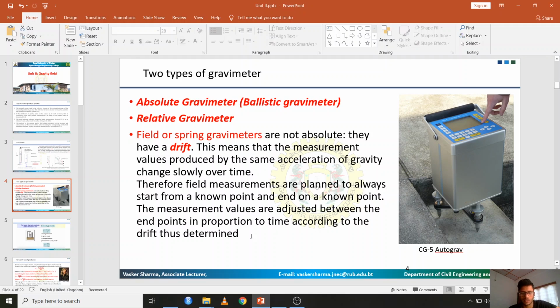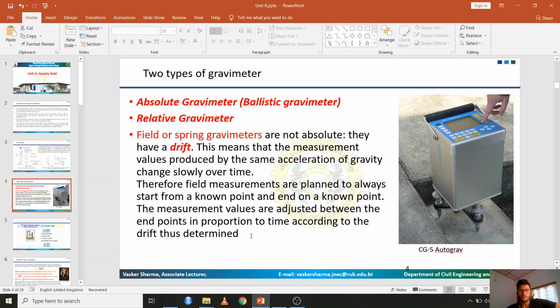So we neglect the effect of the moon's gravity field and the centrifugal acceleration due to rotation of the earth. In a relative gravimeter we try to subtract these two, and then define only the earth's gravity field, neglecting the other celestial gravitational forces.